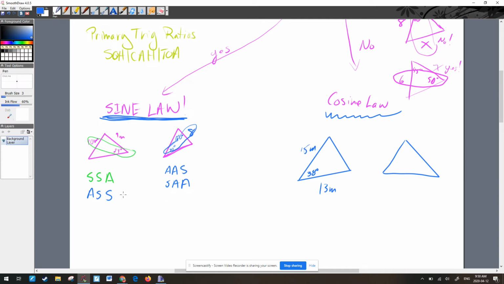So using the naming convention we've used over here, this would be known as a side-angle-side, because we have a known side followed by a known angle followed by a known side.